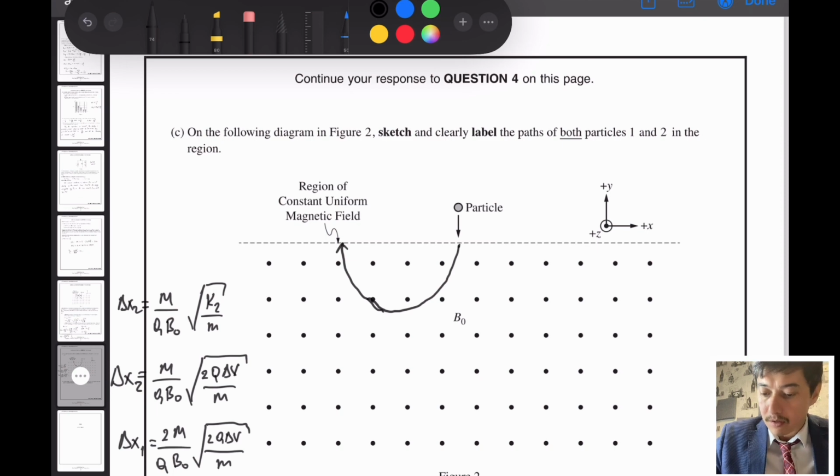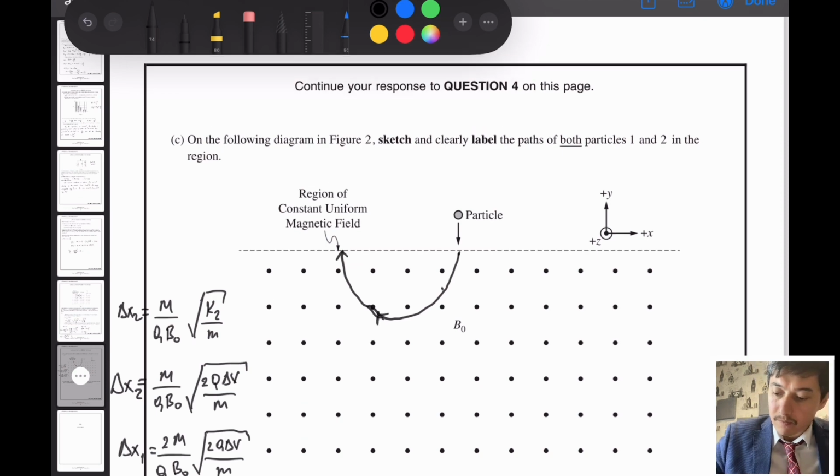So it's going to move in this direction, and the distance is delta x. Let me label it as 2. Now this is for the positive charge. The negative charge will obviously feel force in the opposite direction and will do a circle in the opposite direction. But the point is it must be 2 times bigger.